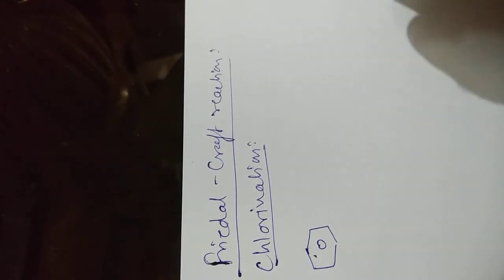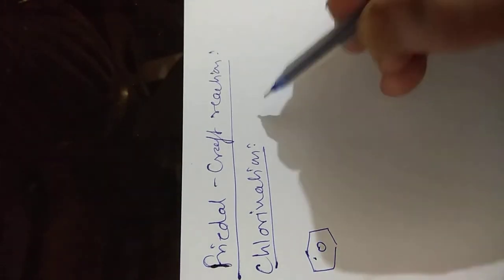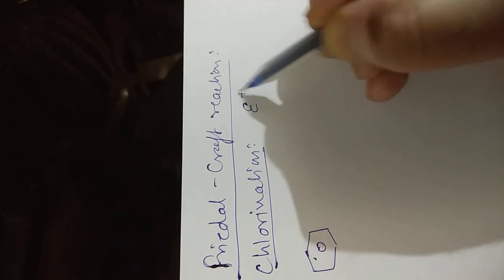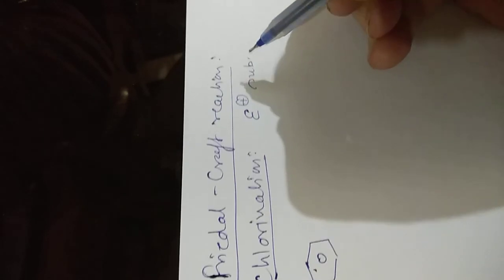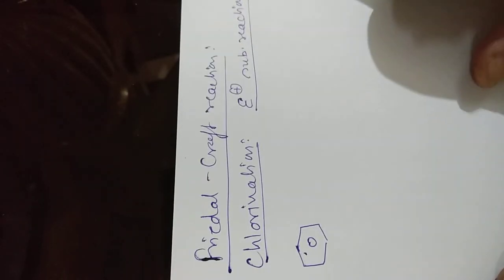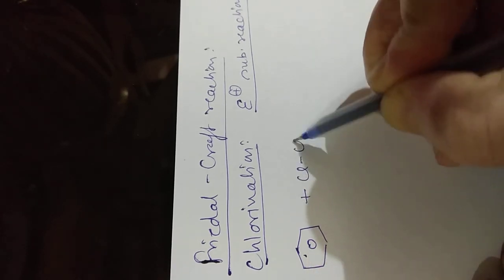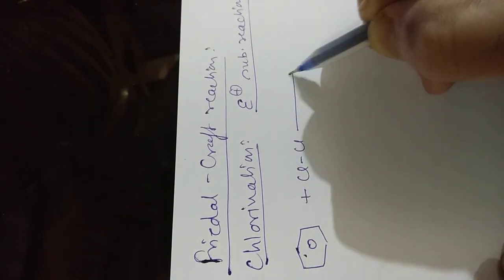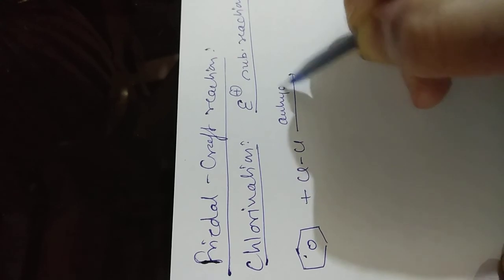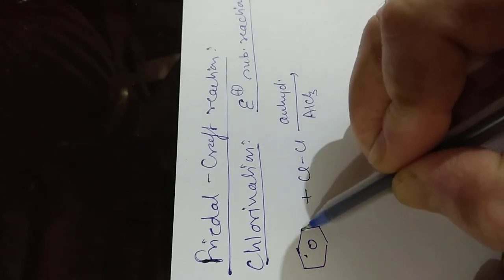We know all aromatic compounds give electrophilic substitution reactions, so this is also one kind of electrophilic substitution reaction. When we treat it with Cl2 in presence of anhydrous AlCl3, what will happen?